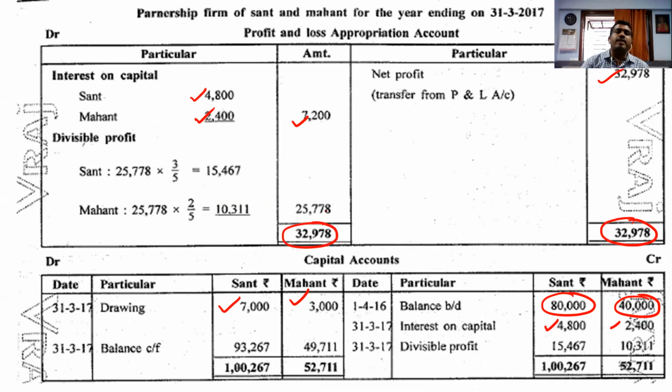Then we have to minus it, and the ratio is 3:2, it is given in the sum. It comes in points, no problem: 15,467 and 10,311. That is 25,778.